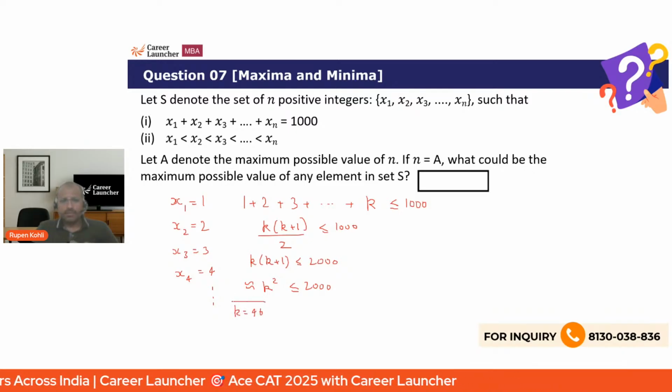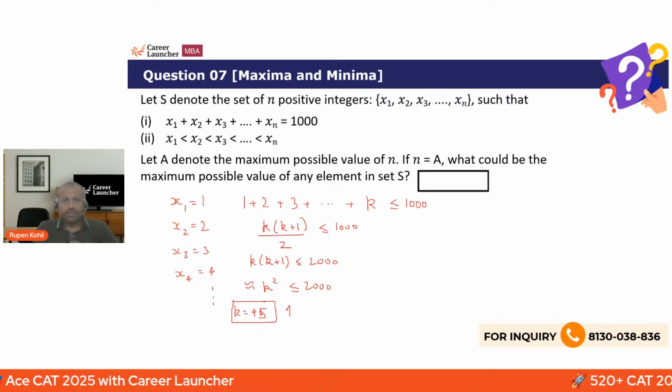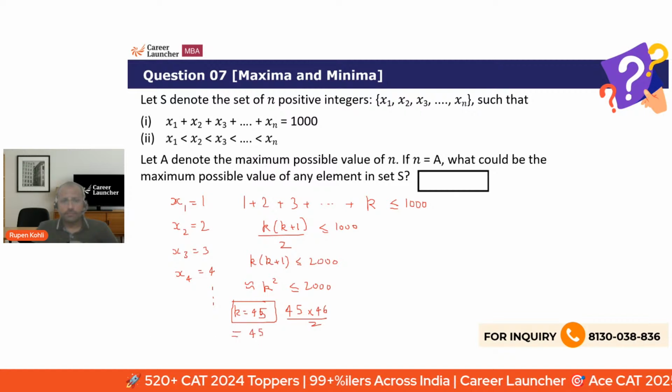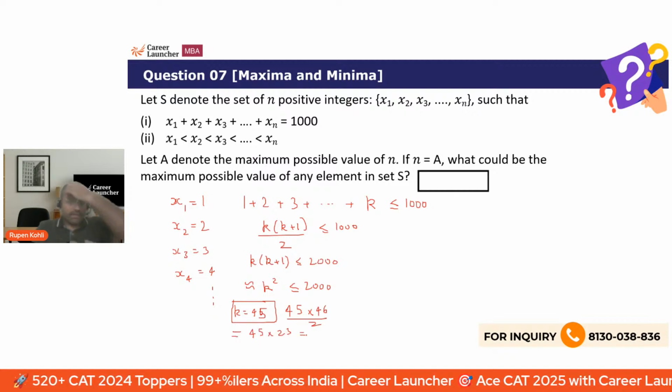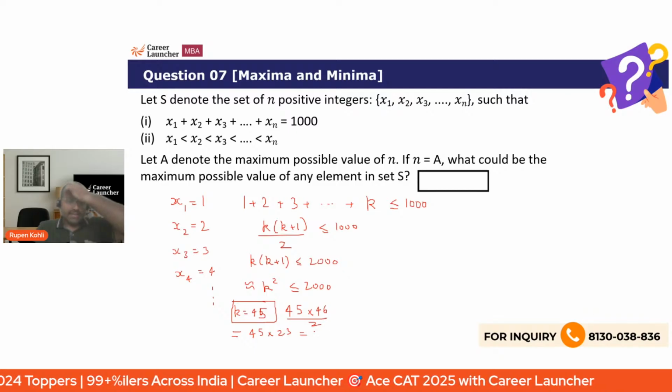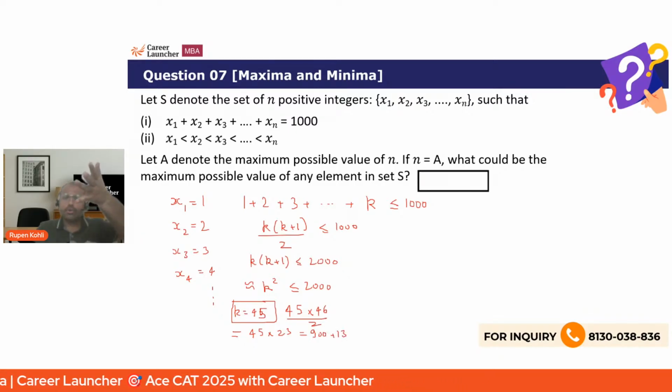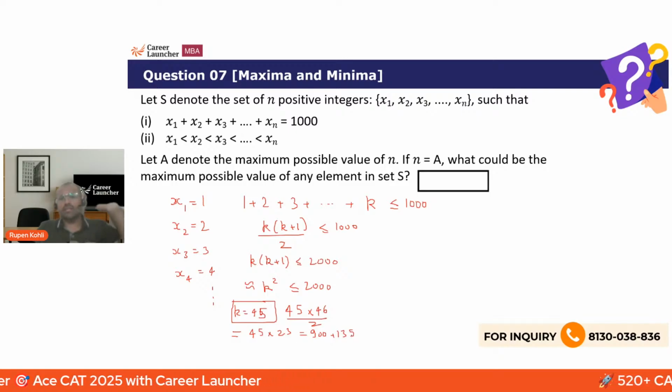What happens? k equal to 45. If I put k equal to 45, then what is the value of 45 into 46 by 2, which is 45 into 23? Well, 45 into 20 would be 900 and 45 into 3 will be 135. So this has crossed the level of 1,000. This is 1,035.